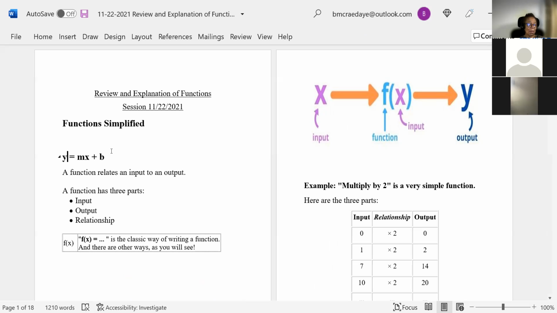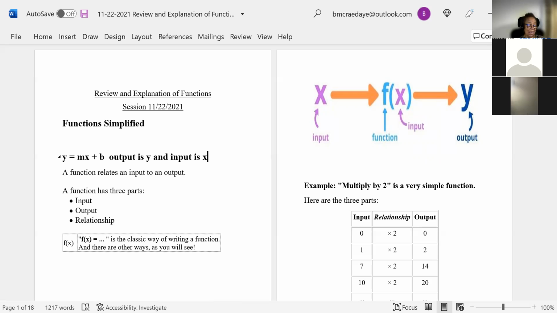The output is y, the input is x. Okay, so let's just put that. Output is y and input is x. All right, now we could write that as a function.